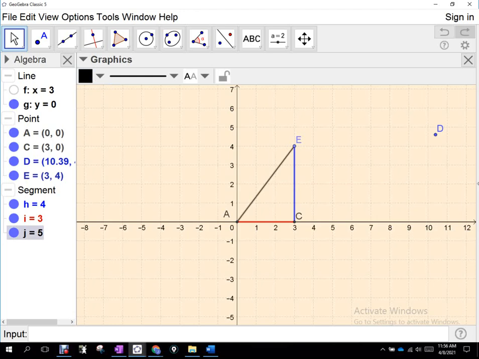So if I force that distance always to be 5, how can I identify point E, its location? We can use the Pythagorean theorem knowing that that's 3 and that's 4. We could square those numbers, add them together, take the square root, and that's going to give me 5. Does that make sense?